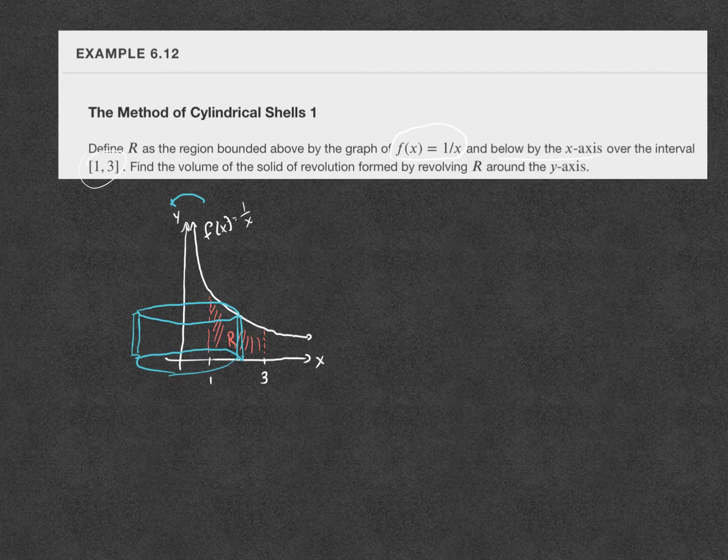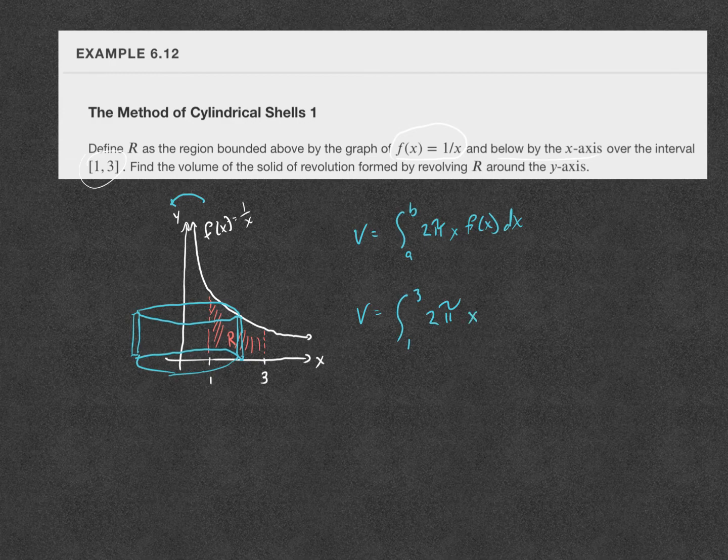Okay, so the formula from the last slide: V equals the integral from a to b of 2 pi times x times f of x dx. Substituting in this one is pretty direct. They give me the bounds, 1 to 3, and 2 pi. I could have factored that out in front of the integral; I'll do that in the next step.